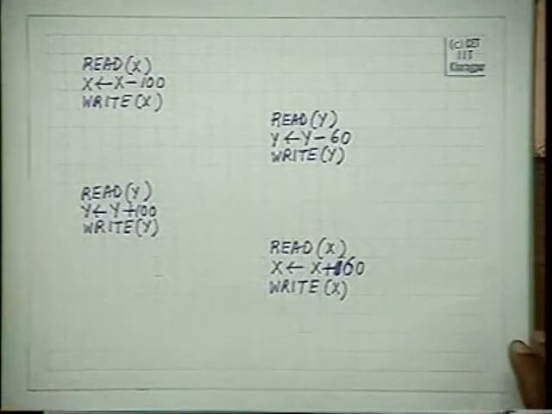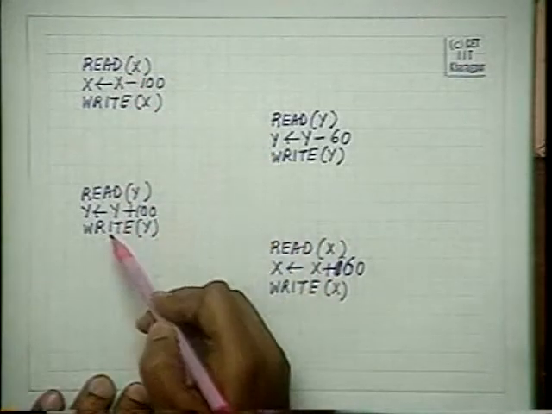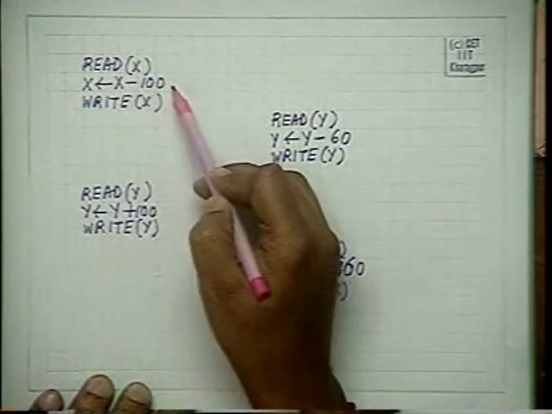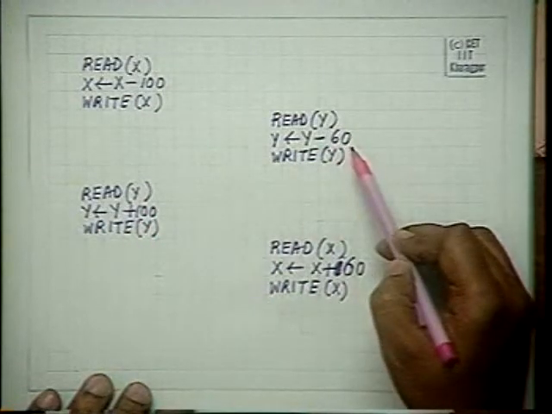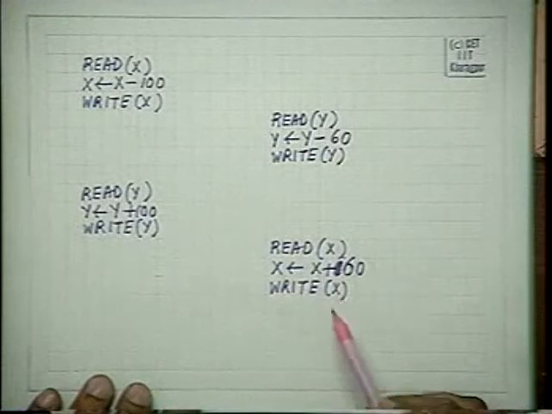Let us see another example. Let us see two transactions. One is this full thing: x is assigned x minus 100, y is assigned y plus 100. The other: y is assigned y minus 60, x is assigned x plus 60.